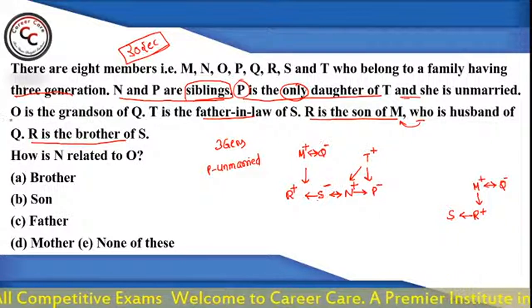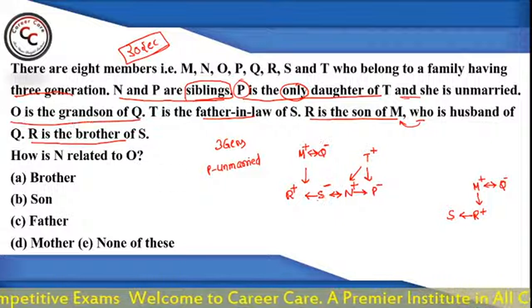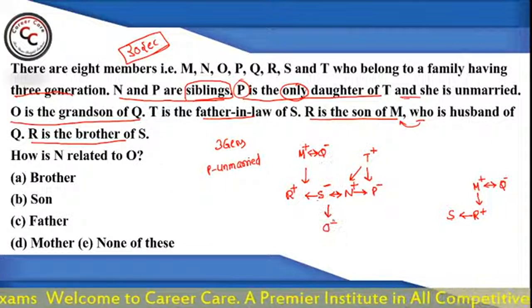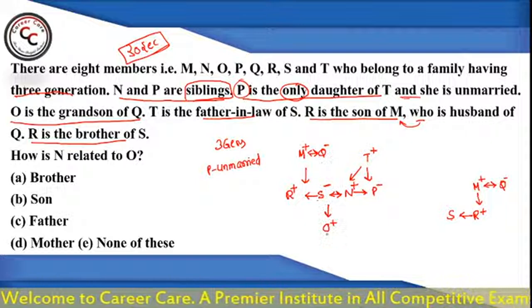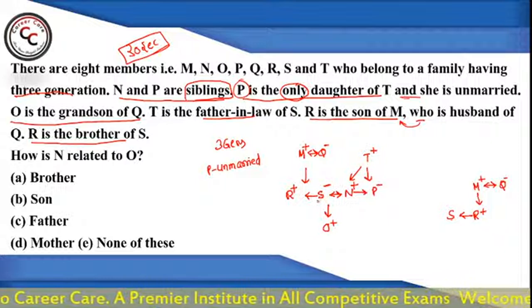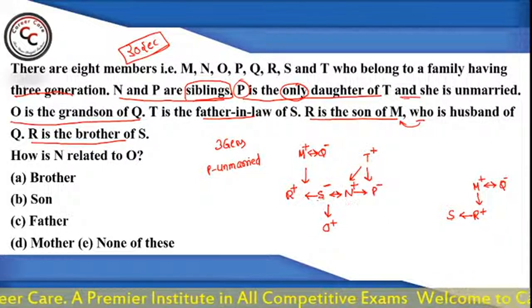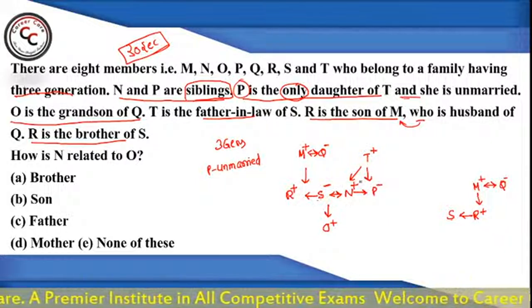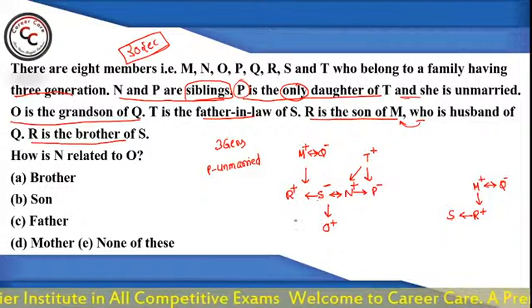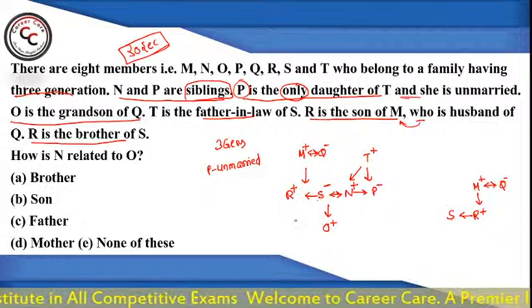Now one point we have missed. What is that? O is grandson of Q. So here I am giving O as son of S and N. Why? Because S and N are a married couple, so the married couple will have the children, right? So R comes here and O comes here. So don't take O as son of R, right?